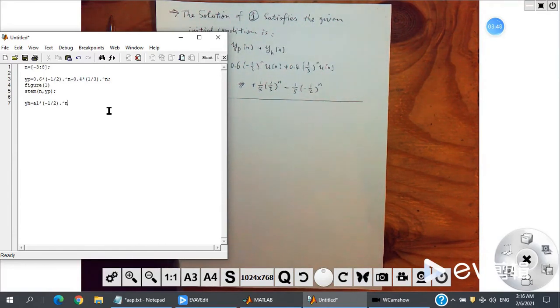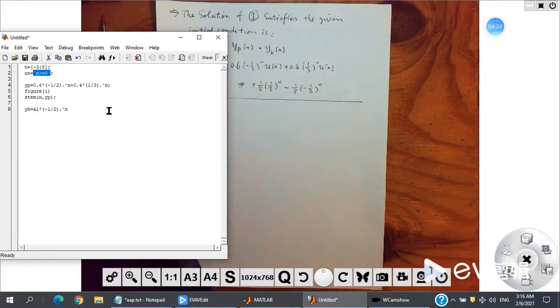Oh, I lost the u of n. Sorry. Here I need a u of n, the unit step, which is just a logic operation, n larger than or equal to 0. So for all the negative n, the answer is no, it fails, it's 0.